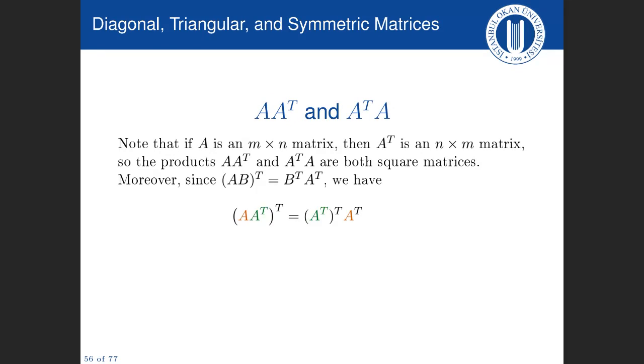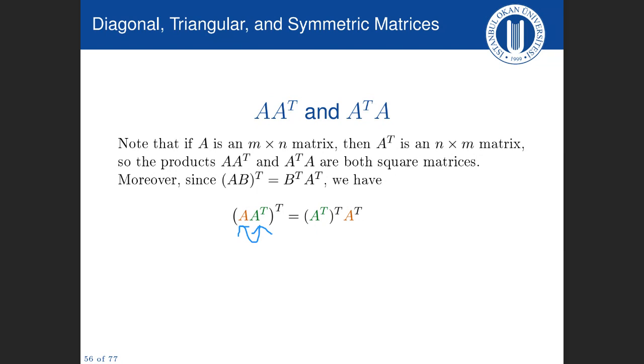And let me remind you, when we do the transpose of AB, we get B transpose A transpose. So that means the transpose of A A transpose. Remember, we swap the positions of these two matrices. Instead of orange and then green, we need green and then orange. And then we can put transpose on each matrix.